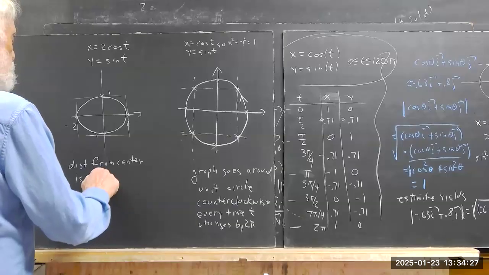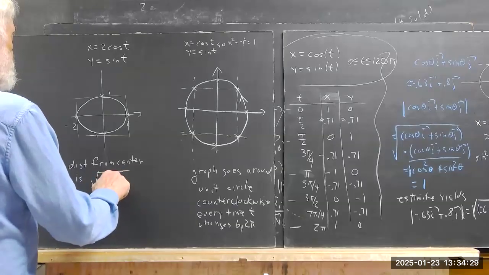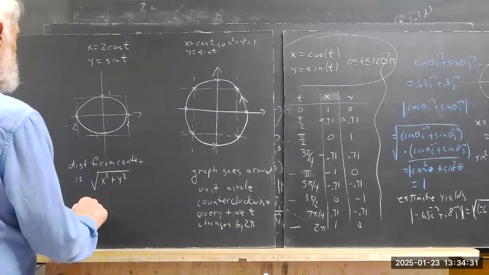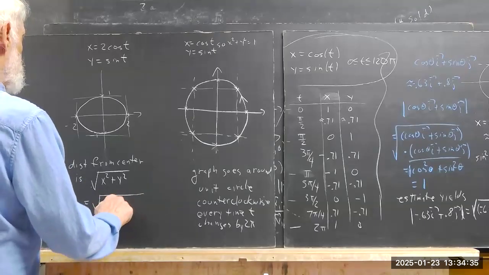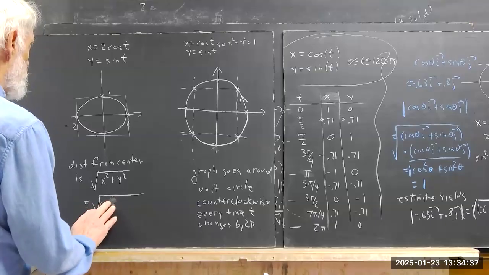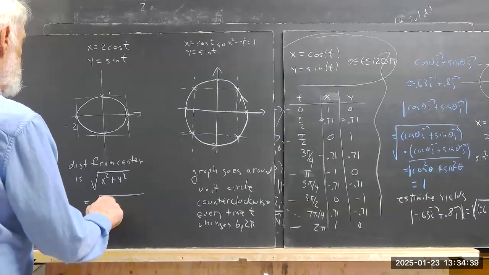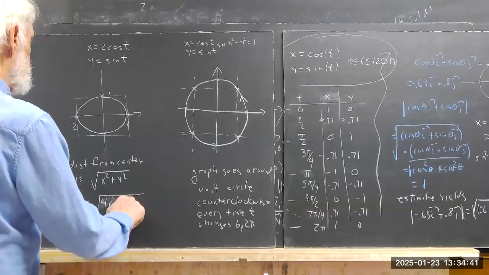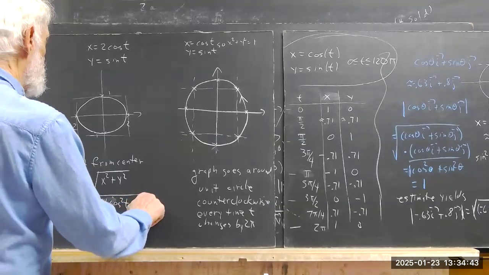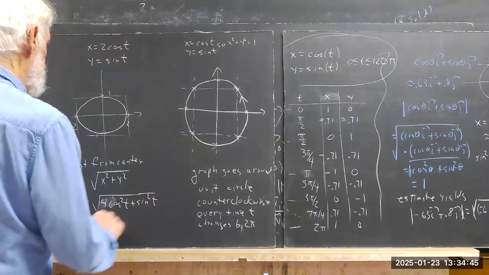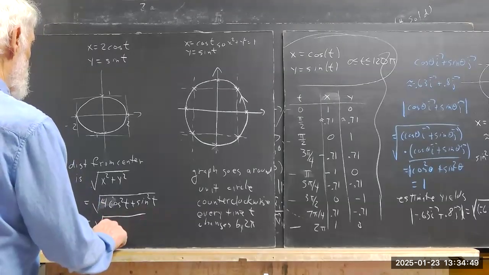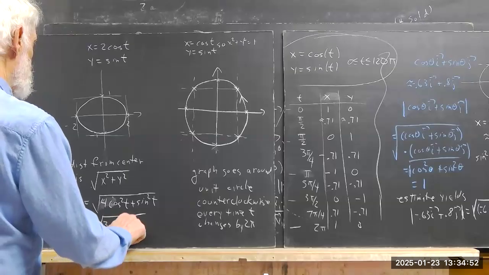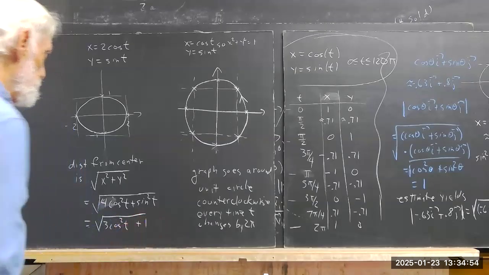Well, it's the square root of x squared plus y squared, which is the square root of cosine squared, nope, sorry. It's 2 cosine t, so it's going to be 4 cosine squared t plus sine squared t, which could be written as the square root of 3 cosine squared of t plus 1.